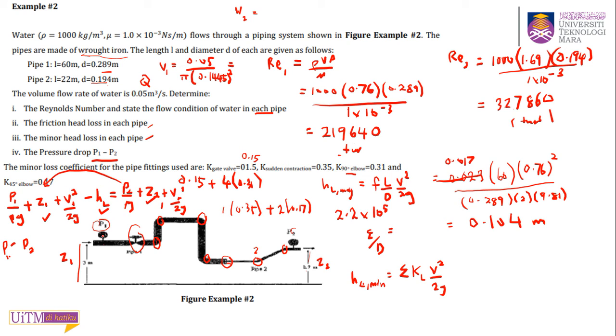V1 for this pipe is 0.76, and V2 for this pipe is 1.69. So you can solve for the pressure drop.